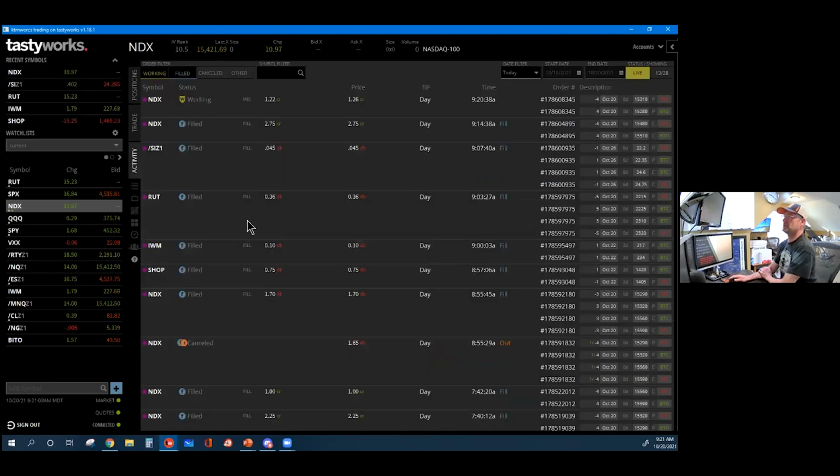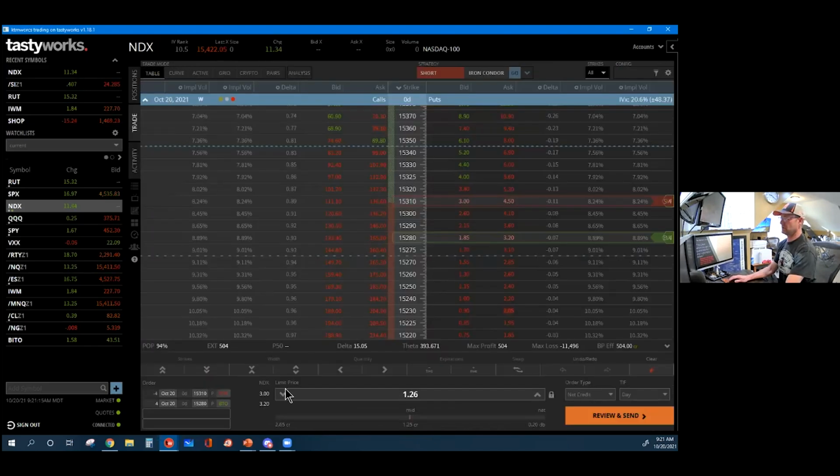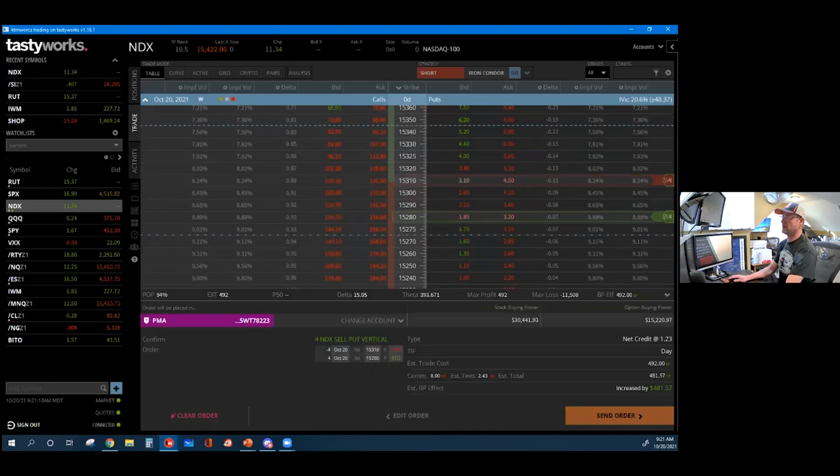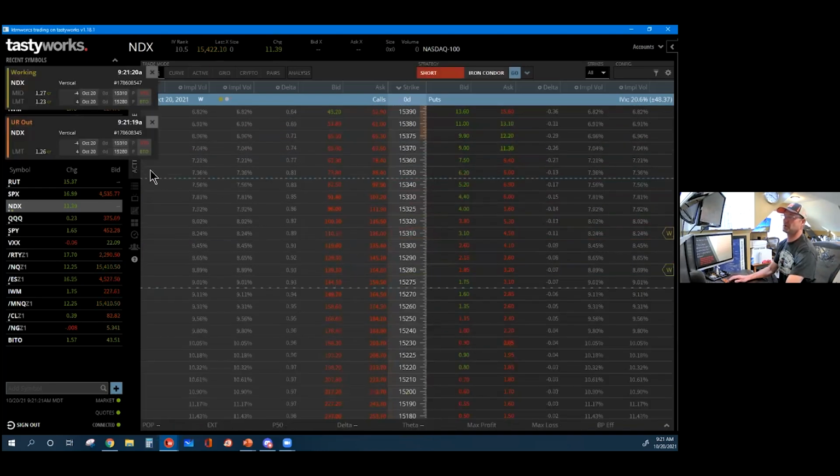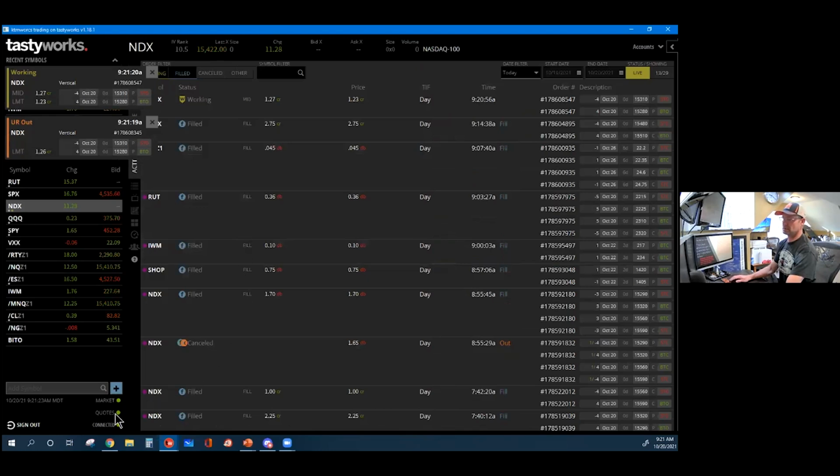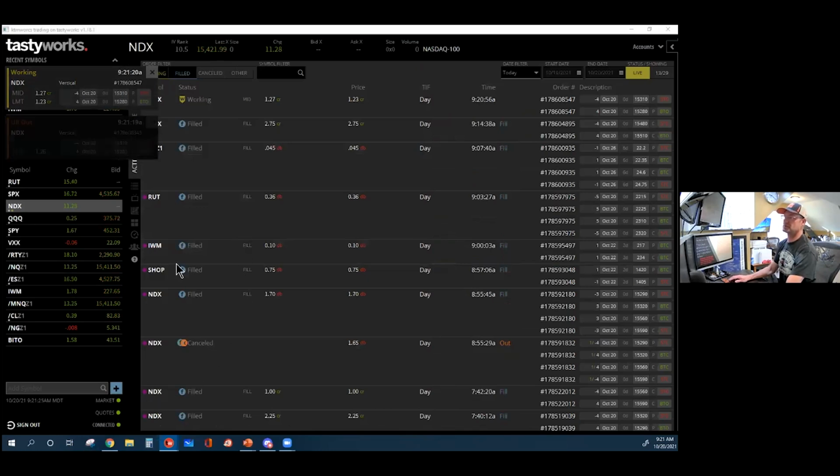I might just leave that as a working order. I can come down to $1.23, but that's about as low as I want to go, at least with this strike price.